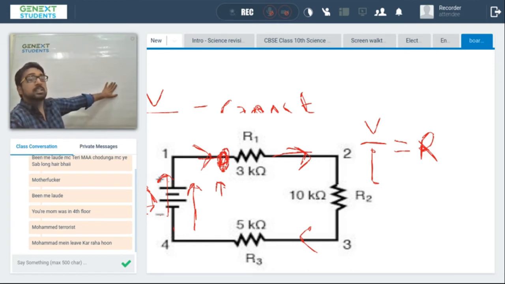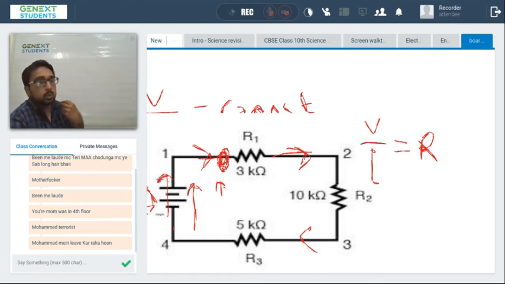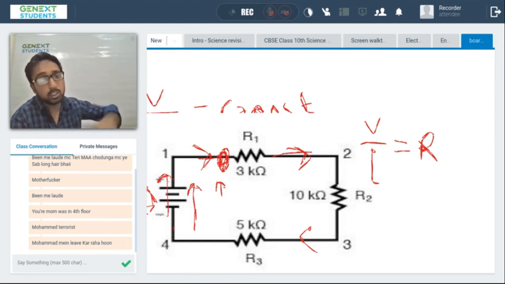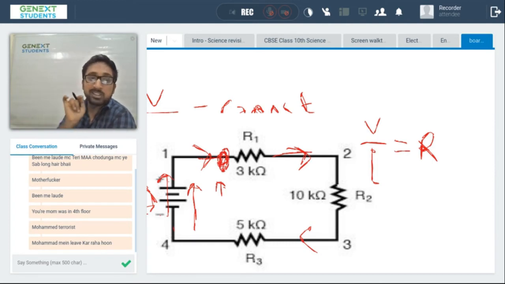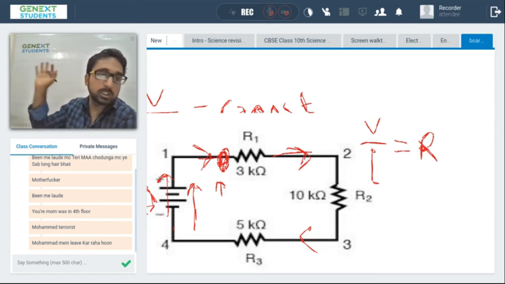Getting it? So that is the reason. Why insulated? Because insulators are bad conductors of electricity. They do not conduct electricity. Therefore, the current will not come out of the wire. But inside it is copper metal, which has electrons. So as soon as it gets the potential difference, the electrons start running.